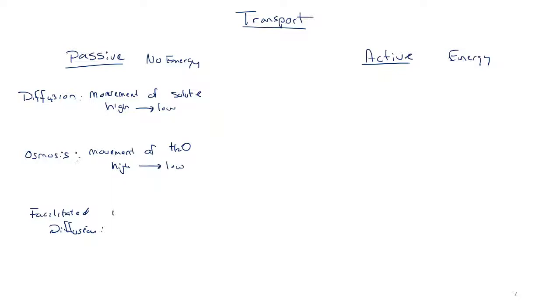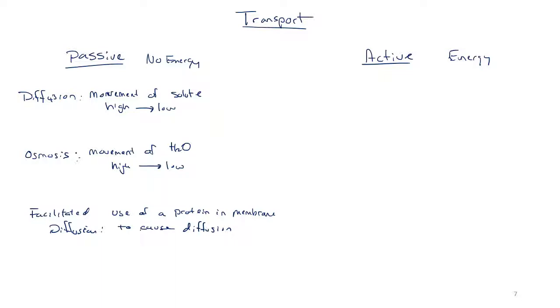Facilitated diffusion is the use of a protein in the membrane to cause diffusion. So if we have a pipe that only allows certain things through, but it still moves from high to low concentration, that's facilitated diffusion.